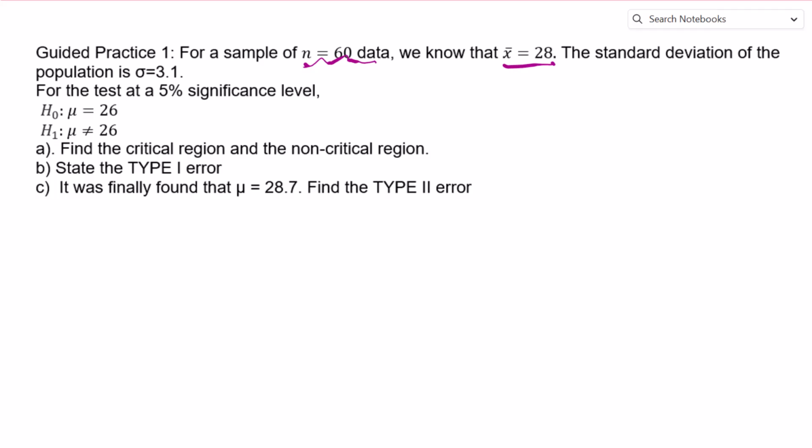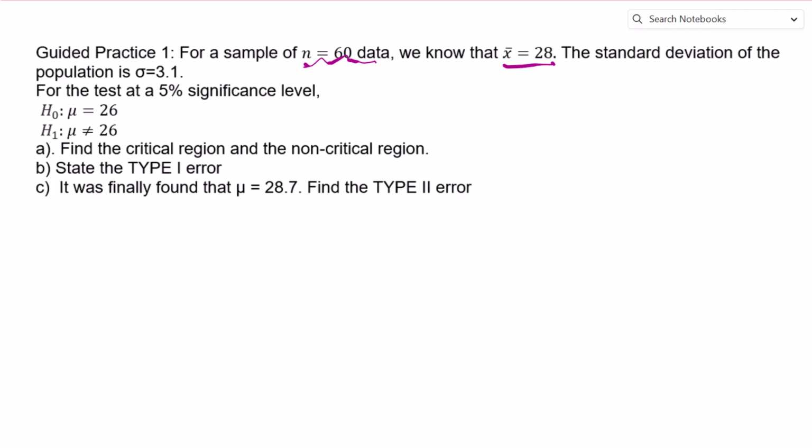For the test at 5% significance level, H0 mu equals 26, H1 mu is not equal to 26. A. Find the critical region and the non-critical region. B. State the type 1 error.